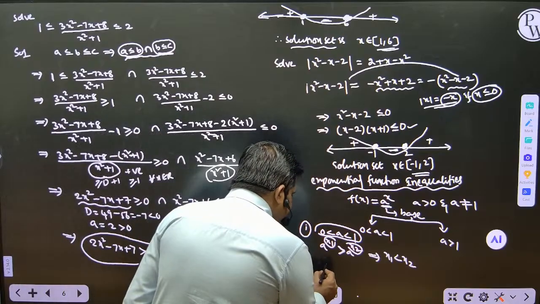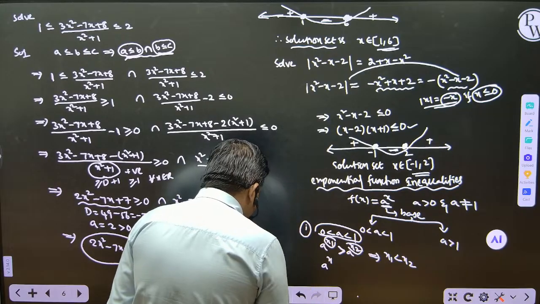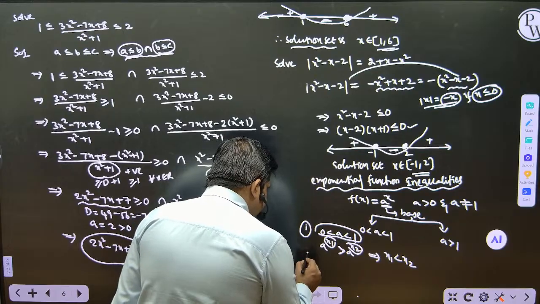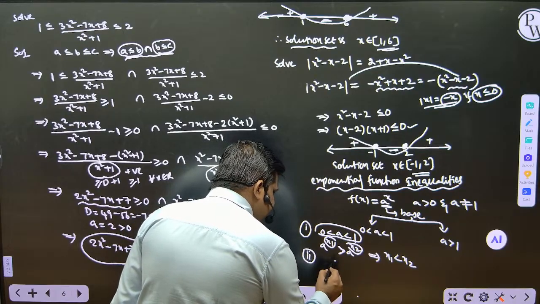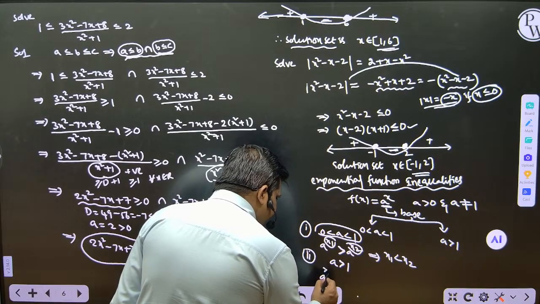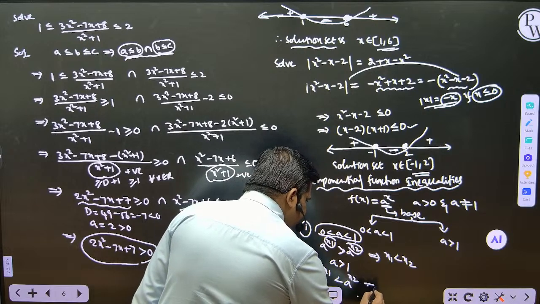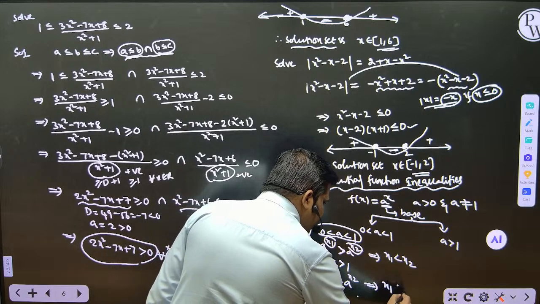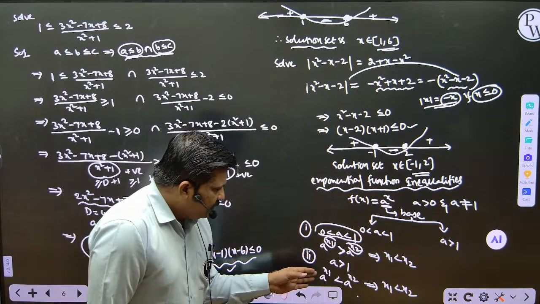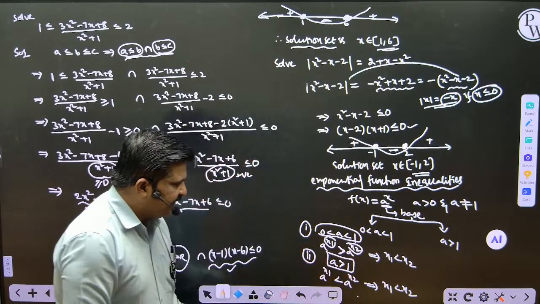Case number 2 is base is greater than 1. For example, a power x1 less than a power x2. That implies the powers also follow the same inequality, because the base is greater than 1.